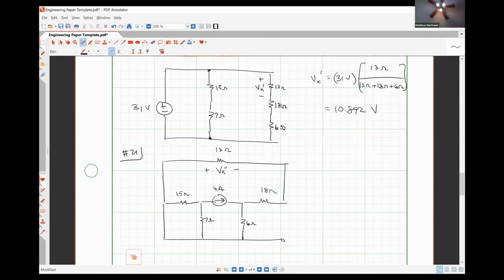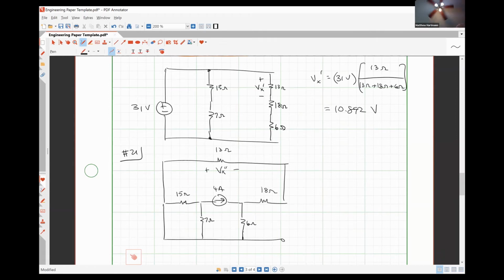So I'm trying to think of the most efficient way to do this. And I'm wondering if combining the 15 ohm resistor and the 7 ohm resistor, because they are in parallel, will be of any benefit to me. Sure, let's see. All right, so 15 times 7 over 15 plus 7 is going to be 105 over 22.